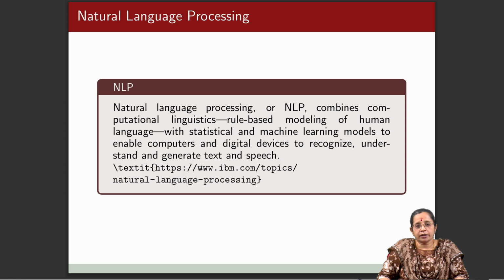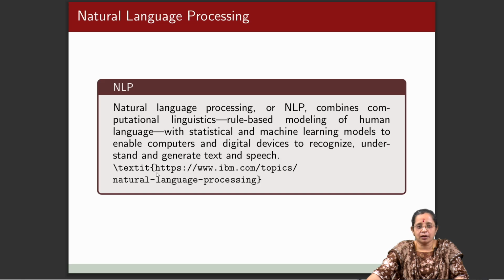If you look at natural language processing, it is more from the linguistic side. Natural language processing, or NLP, combines computational linguistics, which is rule based modeling of human language, with statistical and machine learning models to enable computers and digital devices to recognize, understand and generate speech and text.